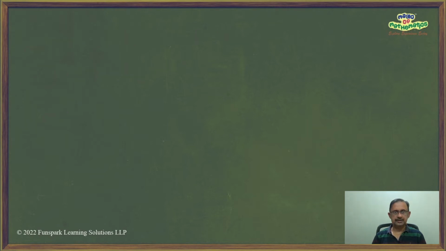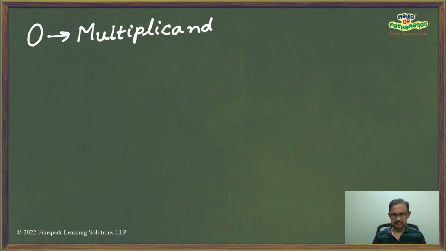I'll start with the first case, 0 being the multiplicand. As an example, let us take 3 times 0. Here 0 is the multiplicand.